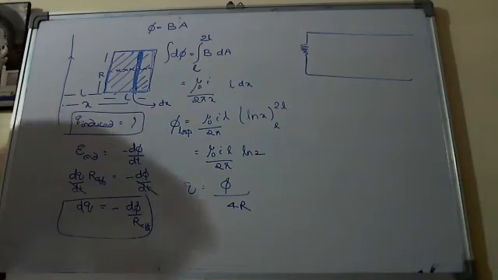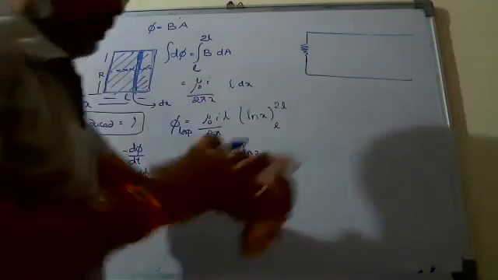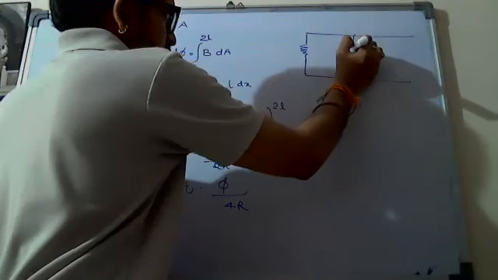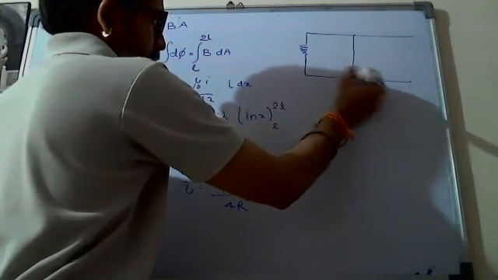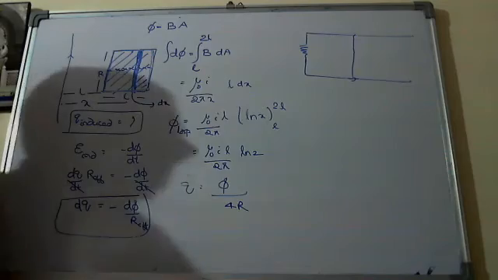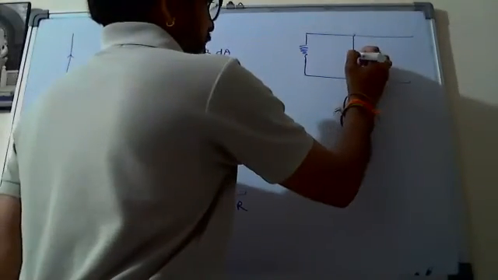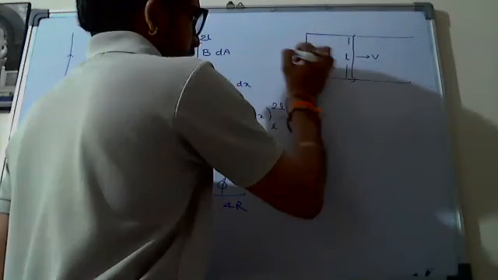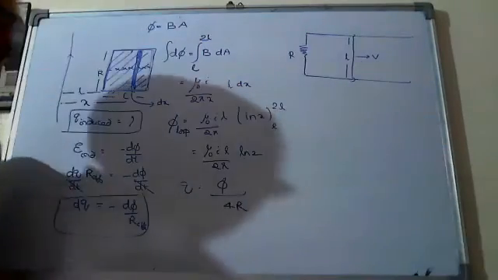And here, suppose this is one rod placed on the rails, and you are pulling with a velocity v perpendicular to its length. Resistance is R.